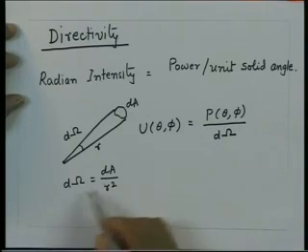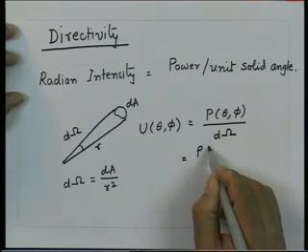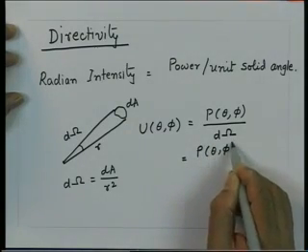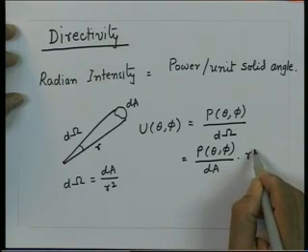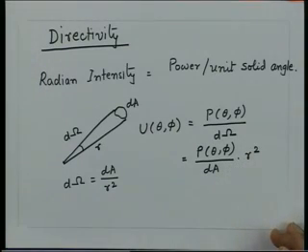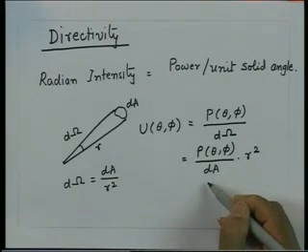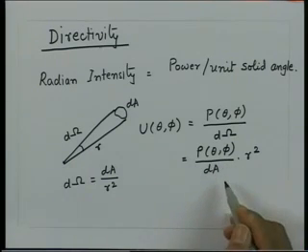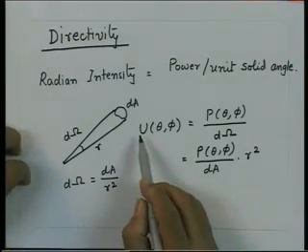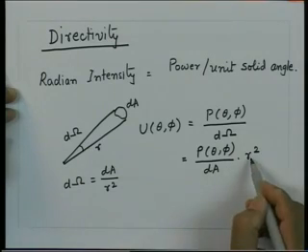I can substitute for d omega from here. So this will be the power in this cone along theta phi divided by dA into r square. But this quantity p theta phi upon dA is nothing but the Poynting vector, which gives you the power density. So the radiation intensity is the power density from the Poynting vector multiplied by r square.